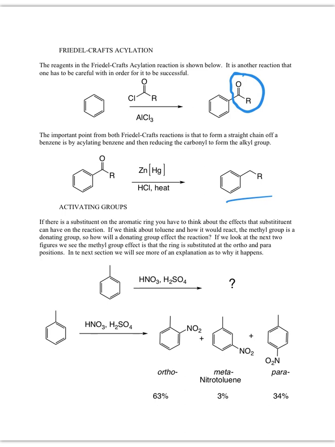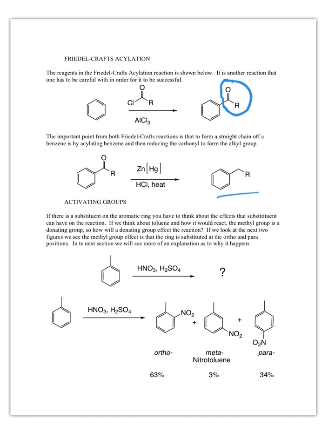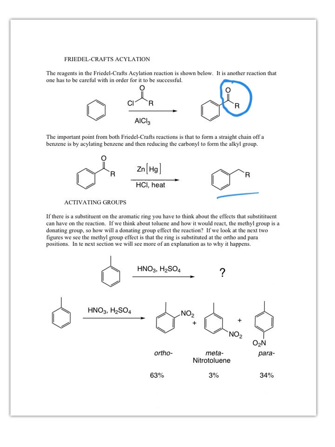Okay, so activating groups versus withdrawing groups. If we have an activating group, toluene, we said alkyl groups are donating groups. So this is a donating group, so it's going to react at the carbons that, if we could draw resonance structures, would have a partial negative or a full negative on them. They're the carbons that are more reactive because we're pushing electron density into the ring.